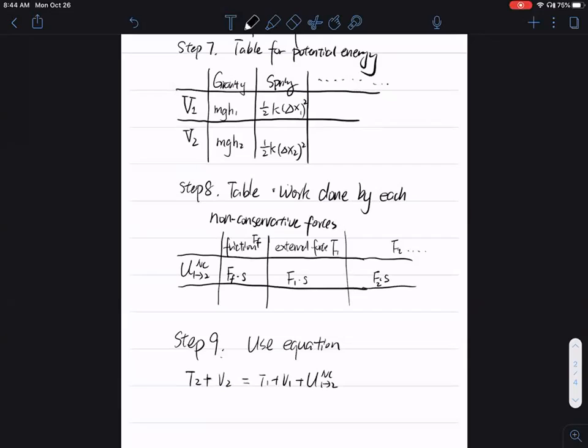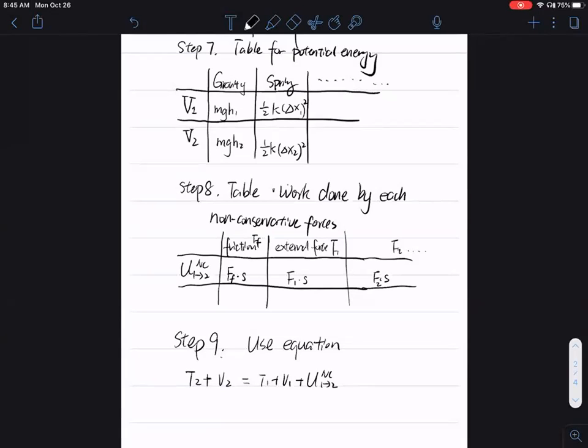So if we look at an example, V2 inside that equation must contain whatever is under V2. For this table, V2 has this term and this term, so you add both terms for your V2.